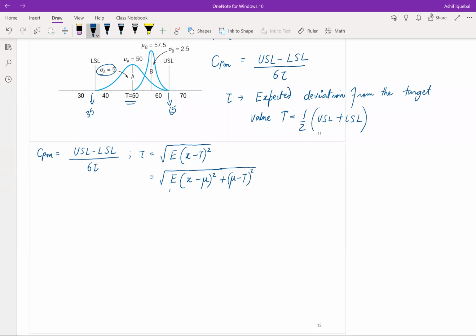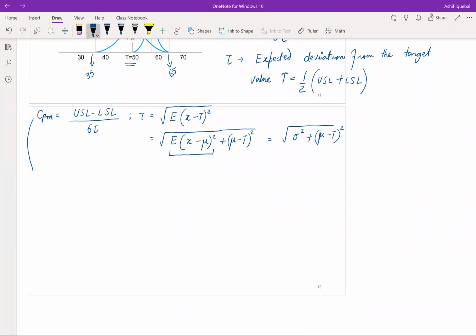Now this term, we know that this is variance, right? The first term is variance. So we can rewrite this as sigma square plus (mu minus T) whole square. Now, once we write this, we can rewrite the equation for CPM as USL minus LSL divided by 6 times square root of sigma square plus (mu minus T) square. Any questions on this one?